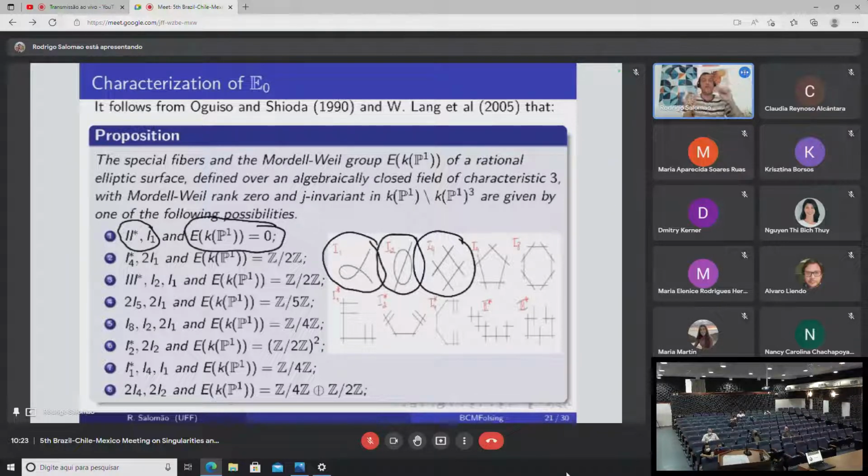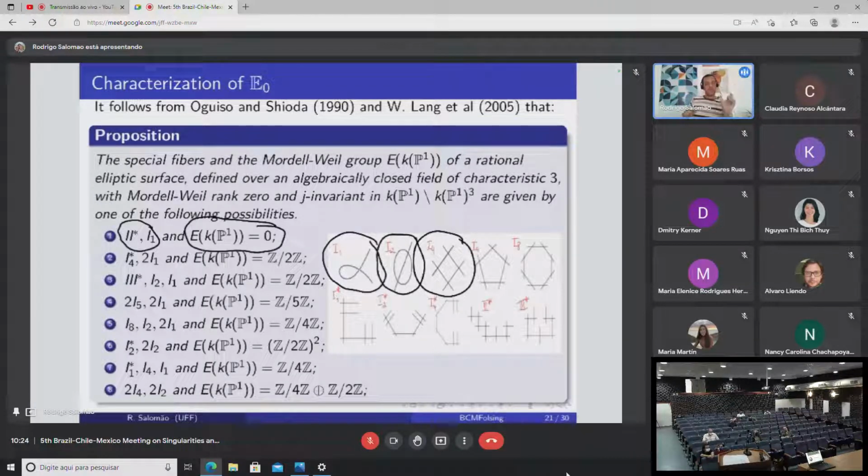Okay, after taking these projective curves, we can combine each two of them, in order to generate pencils of cubic curves in the projective plane.